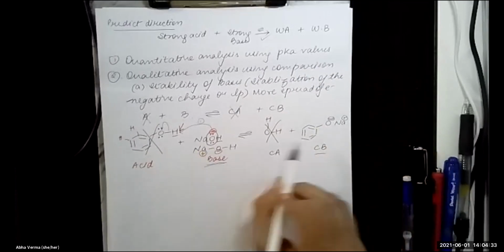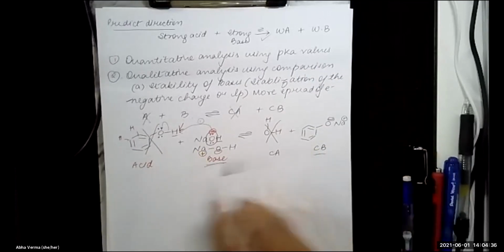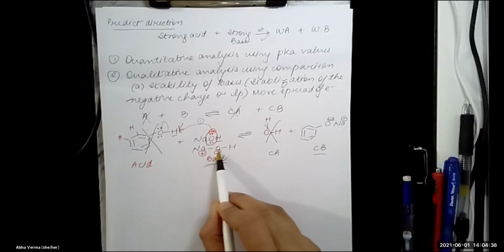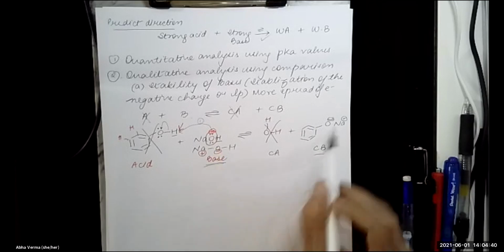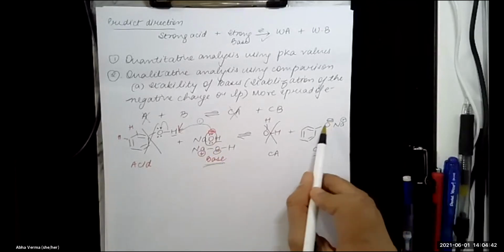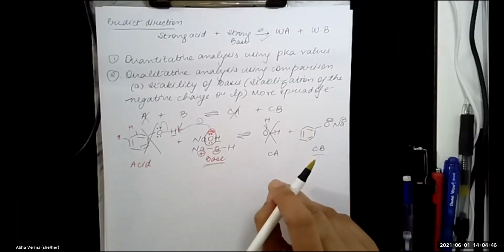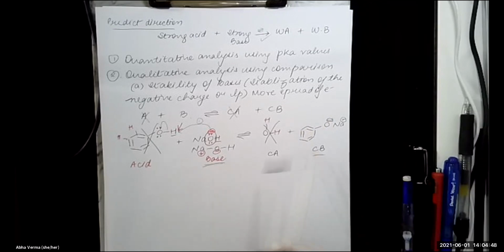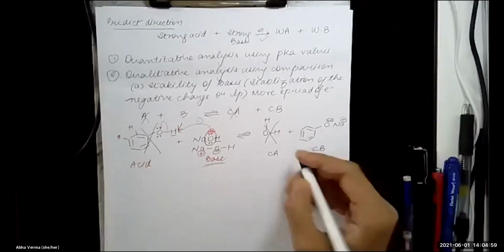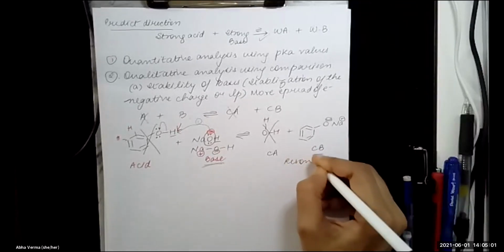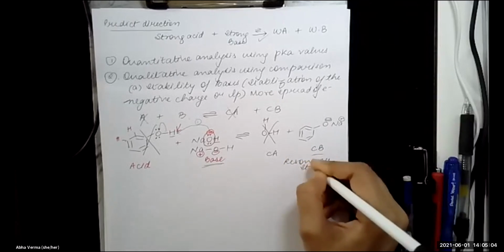So if you look at both of these structures, this oxygen with the negative charge on it, this oxygen with a negative charge on it, and spread of electrons around it, who out of these two will be more stable? The conjugate base. The conjugate base. Very good. The conjugate base is resonance stabilized.